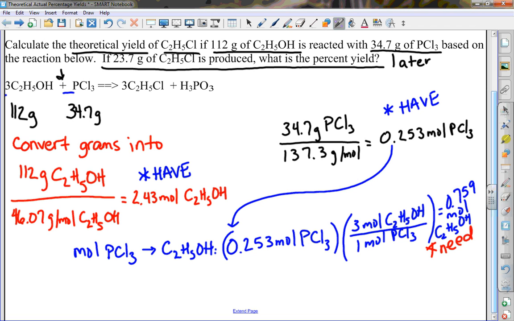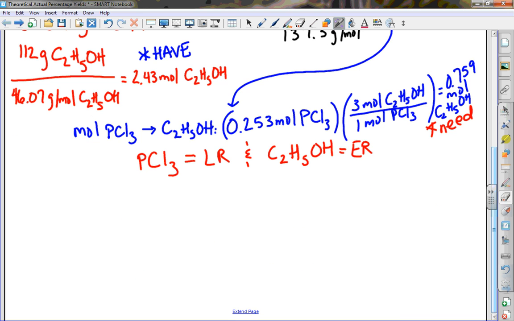So that tells us that phosphorus trichloride is going to be our limiting reactant, and of course that means ethanol is our excess reactant, because we need so much less.